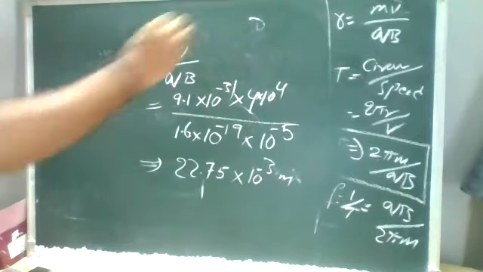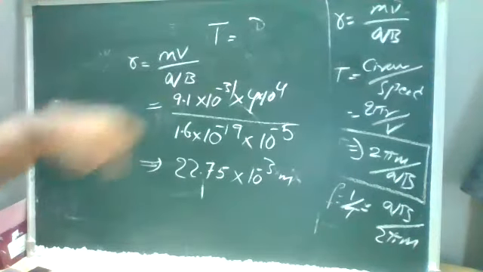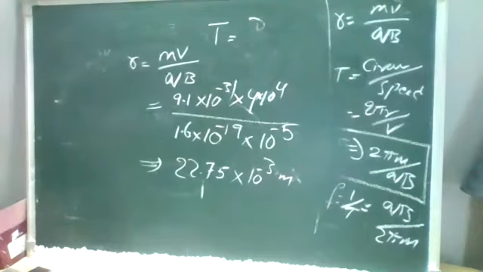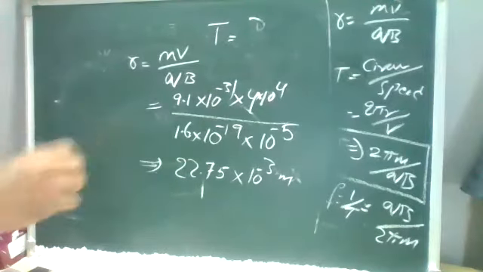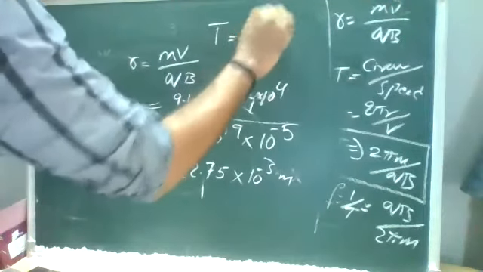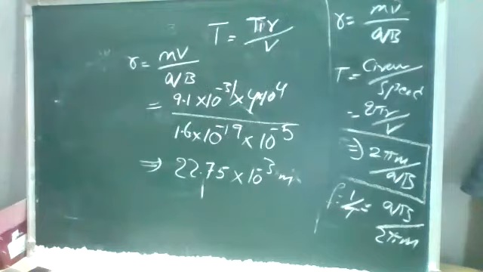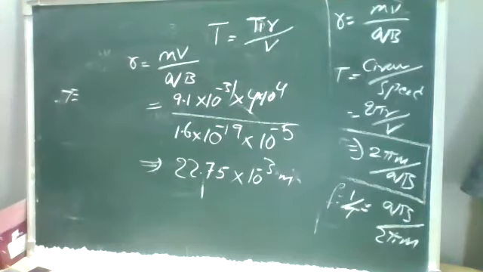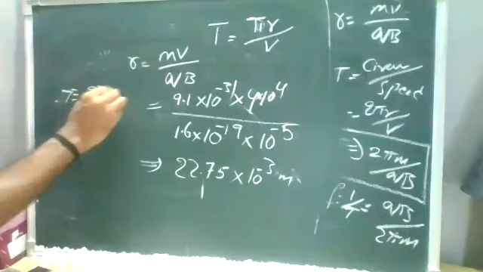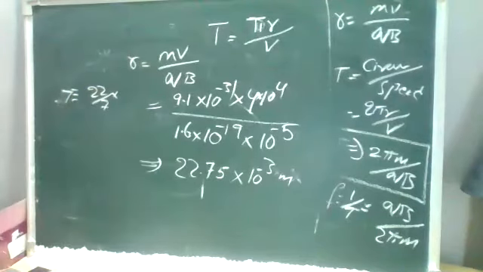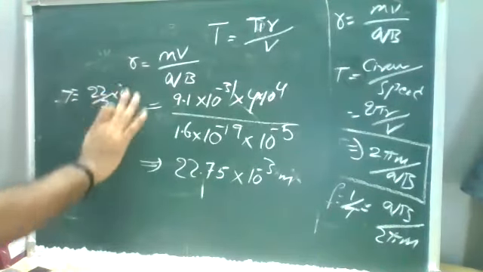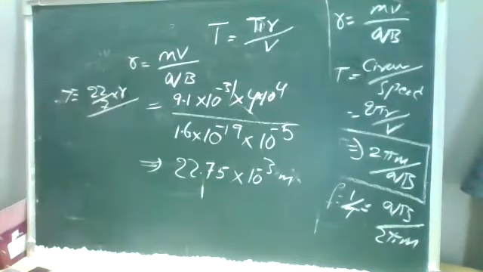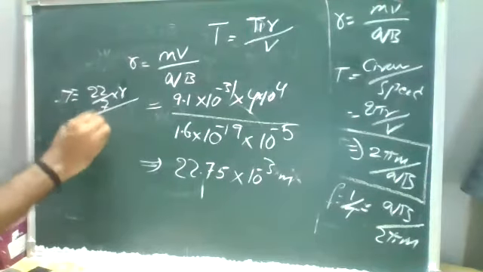For the time period, as I have said, it is doing only a half circle, not a complete circle. Since it is a semicircle, the time period is pi r by v. So t is equal to pi r by v. Pi is 22 by 7, into the radius, divided by the velocity, 4 into 10 power 4.